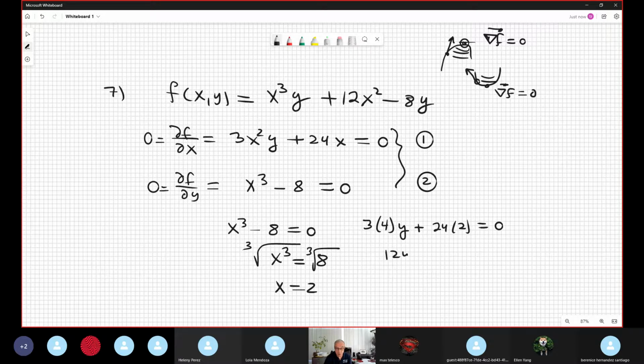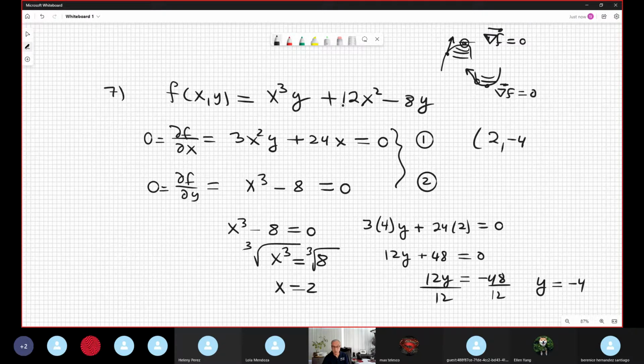This is 12y plus 48 equal to 0. 12y equals negative 48, divided by 12 on both sides, negative 4. So the thing that we discover is that the point (2, -4) is a critical point.